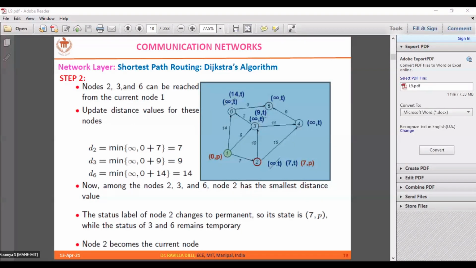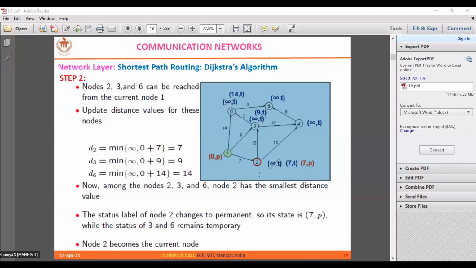Whether you will change the value at 3 or not. What would be the total cost of this particular link? The cost at 2 is 7 and the cost of the link between 2 and 3 is 10. 7 plus 10 is equal to 17, which is greater than what is already existing at 3. So therefore, we are not going to make any change.